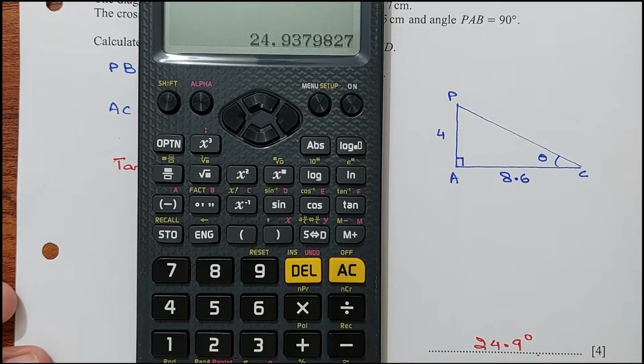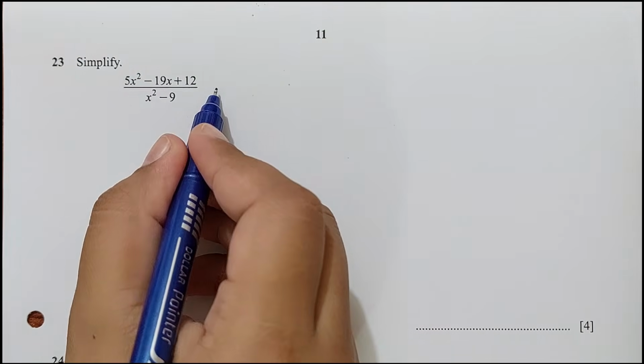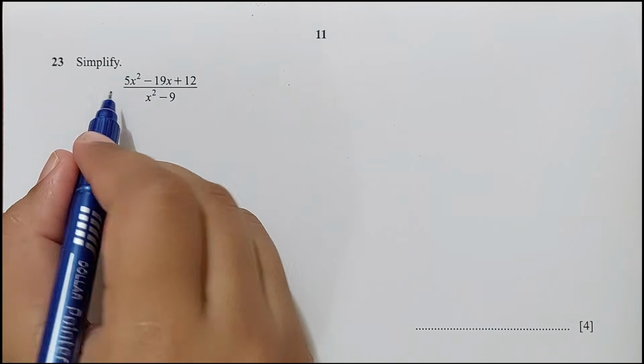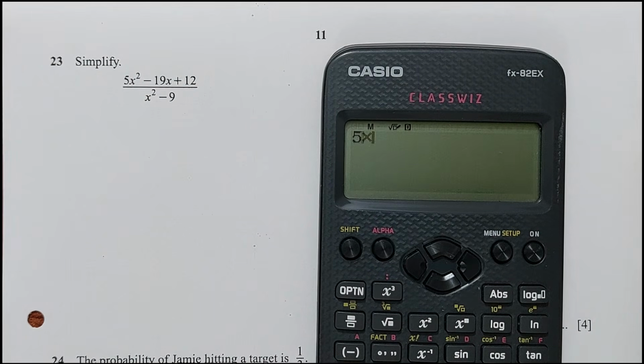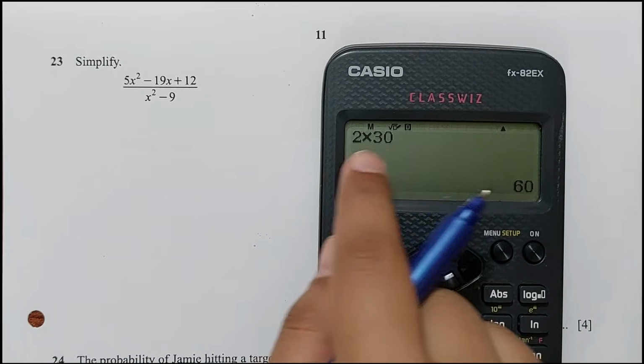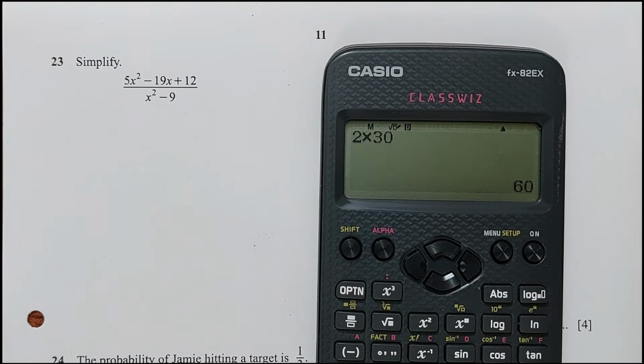Right. Number 23, we have to simplify this. So first we need to factorize the numerator, which is 5 times 12 is 60. Find out the factors of 60. So if I take 2 times 30 is 60, but 2 plus 30 and 2 minus 30 is not 19.